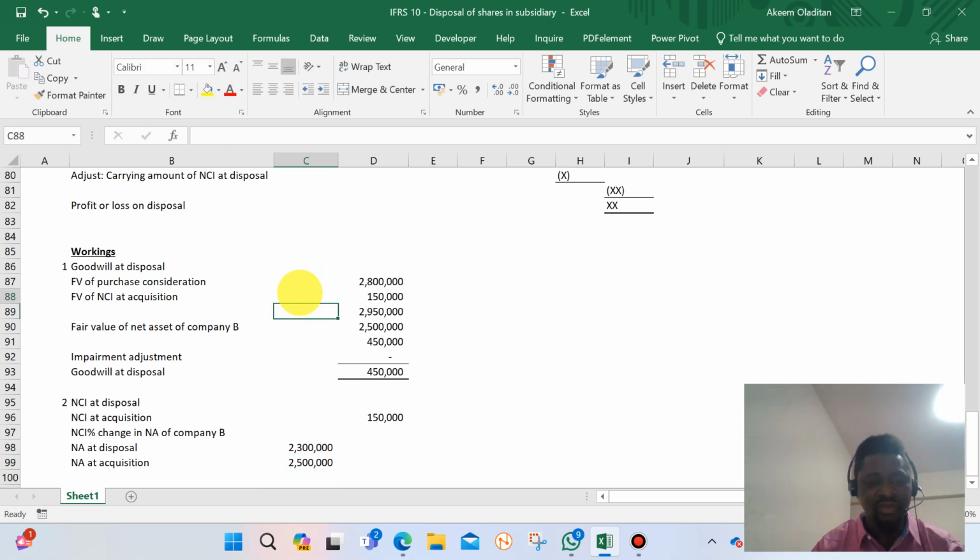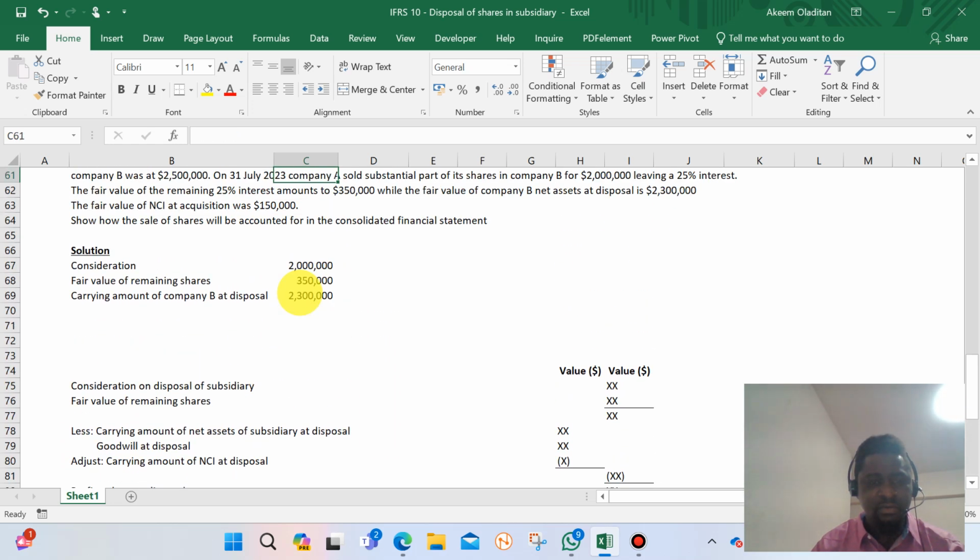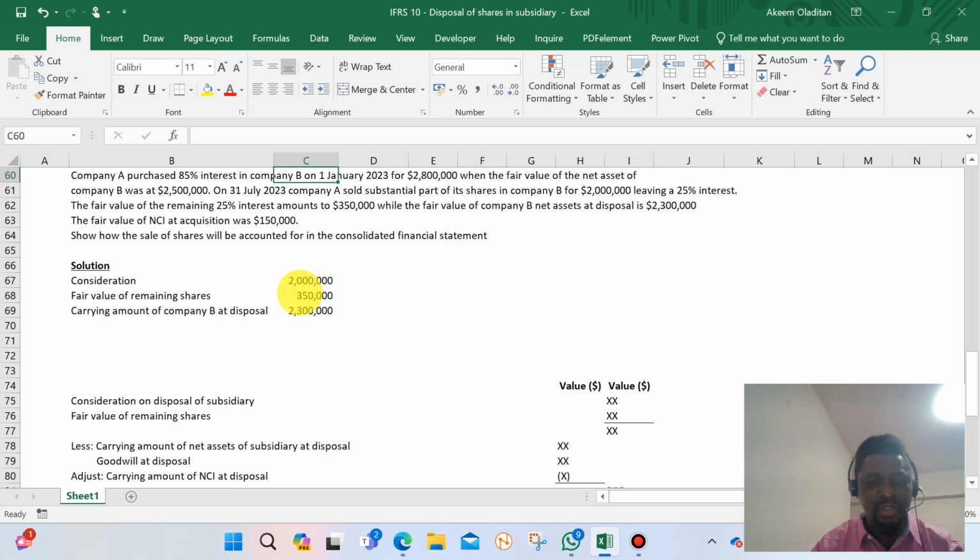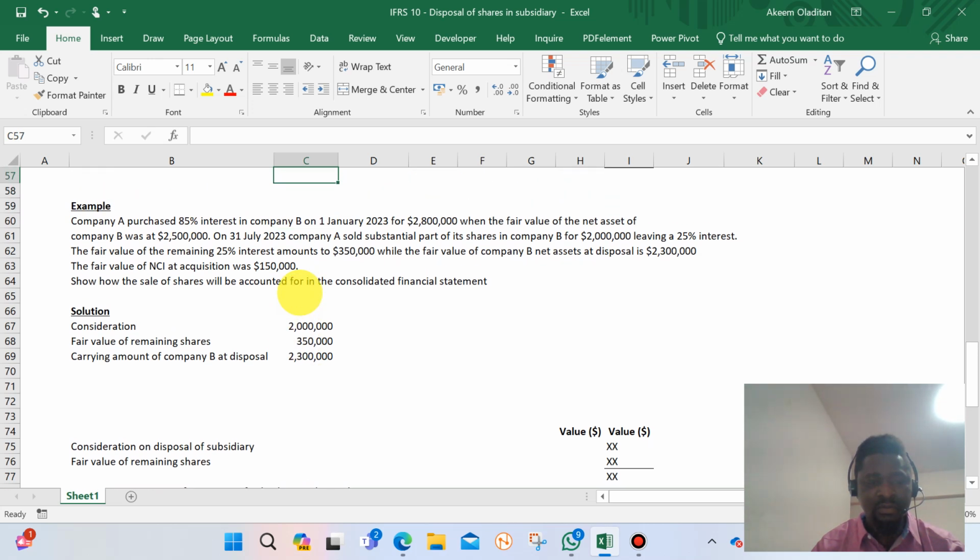I think it's 2.5, yeah. Is that correct? This is carrying amount of net asset of company B at disposal, yeah. Company B was this at acquisition.